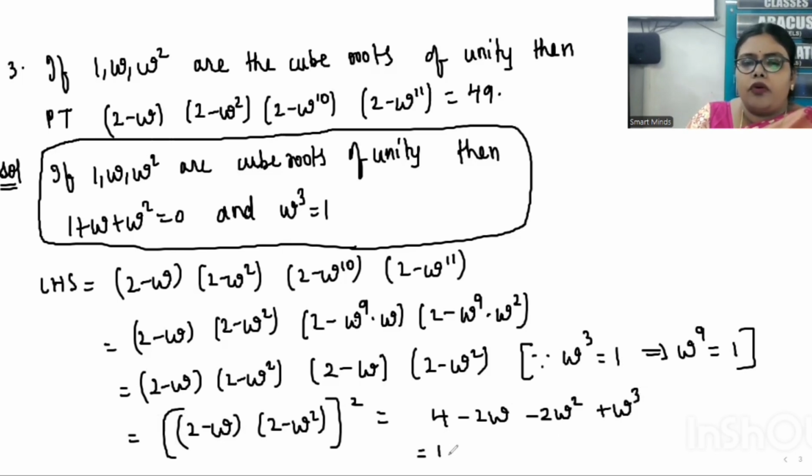From these two terms, if I take minus 2 common, we will get omega plus omega square. Plus omega cube is 1. So that is 4 plus 1 is 5, minus 2 into what is omega plus omega square?